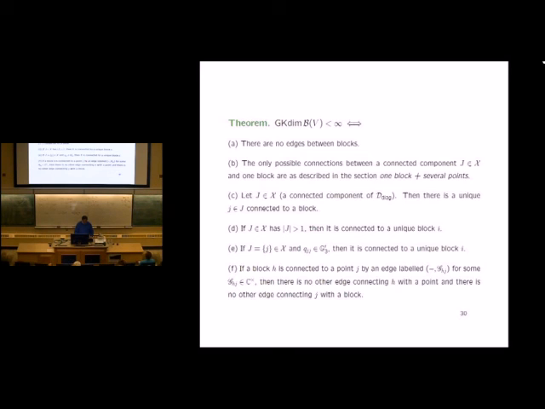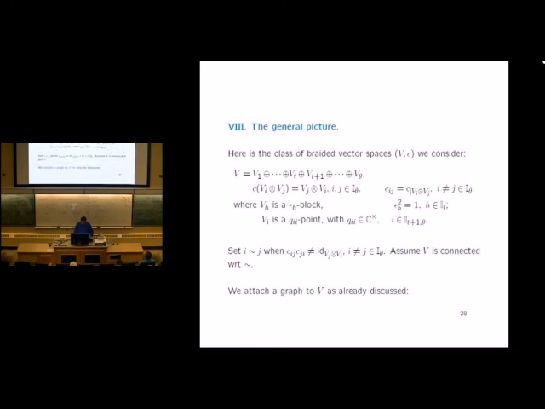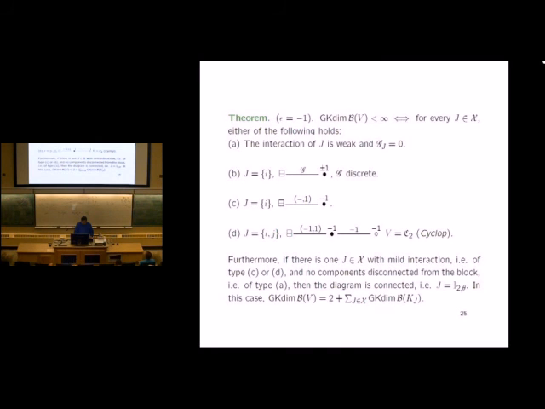So this last condition says that the only possible blocks are these ones. If somewhere you have weak interaction, you have only these two examples. Sorry, mild interaction.